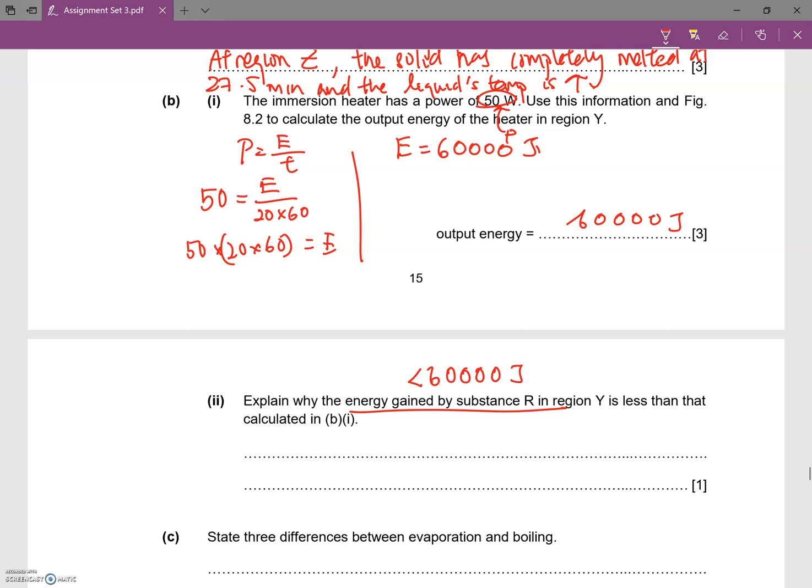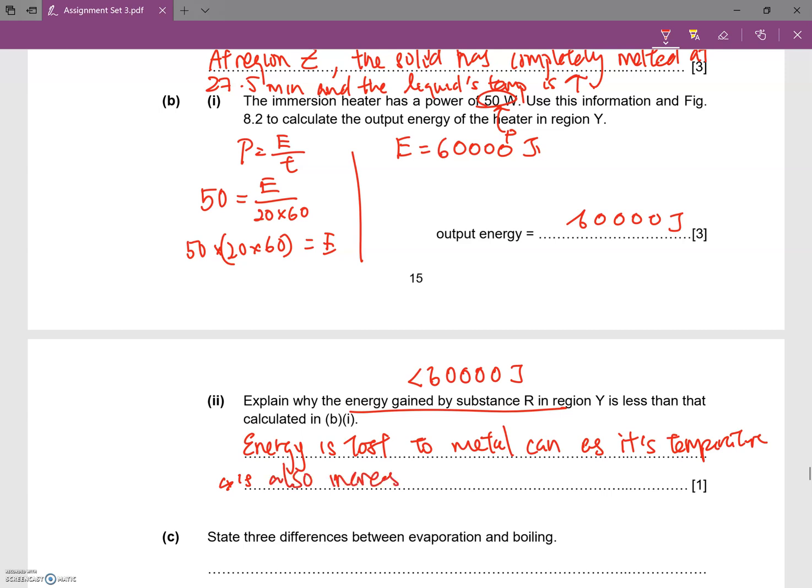So how do I explain this? Most probably in this case, energy is lost to the metal can, as its temperature is also increasing.